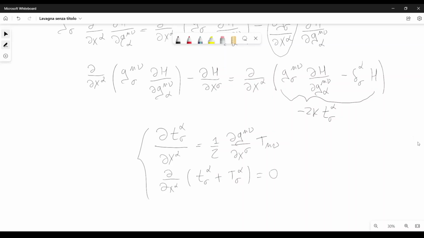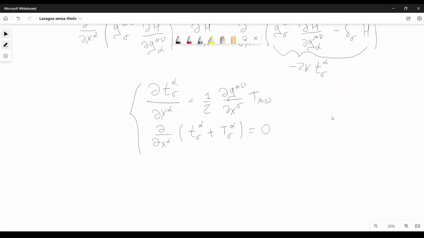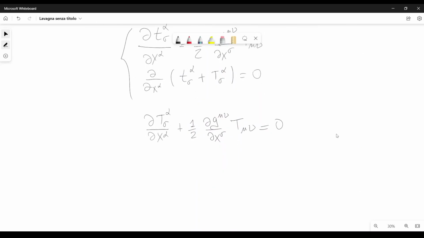If we combine these two equations together, we can write the derivative of t^α_σ with respect to x^α plus 1/2 the derivative of g^{μν} with respect to x^σ times T_{μν} equal to 0. And this equation here should remind us of something that we have written in previous lectures. In particular, we had derived this formula. So let me write down the formula that I have already derived.